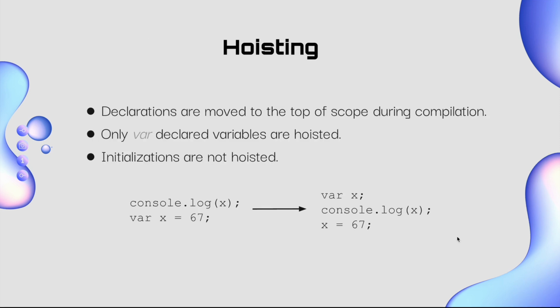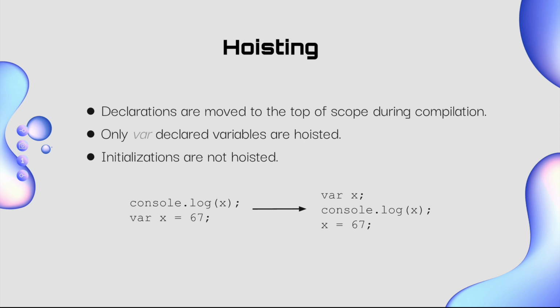In order to understand and to be able to handle scoping errors, it is important to be familiar with the concept of hoisting, which is a behavior where variable and function declarations are moved to the top of their containing scope during compilation. This means you can use a variable or function in your code before it has been declared.